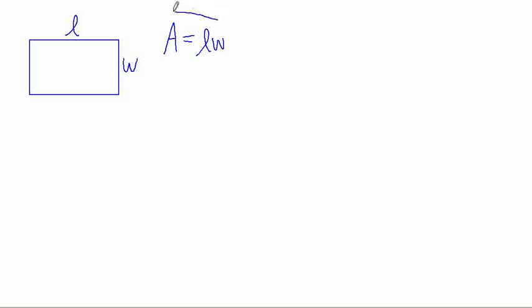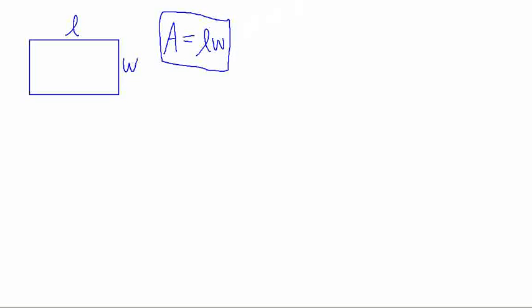And you may recall that the area of a rectangle is equal to the product of the length and the width. If I call the length L and the width W, the area of the rectangle is LW.